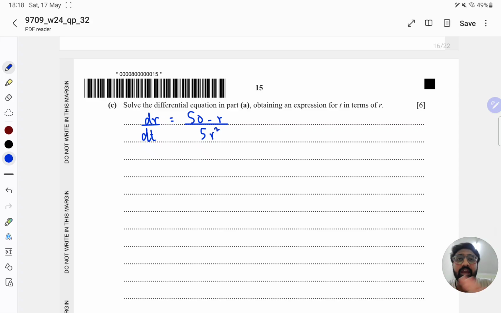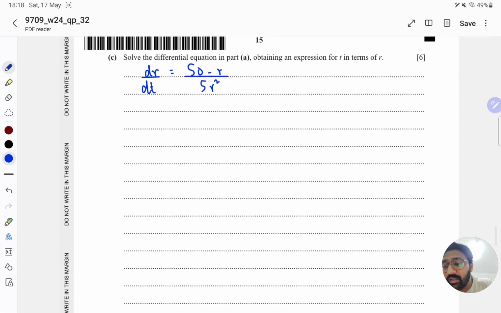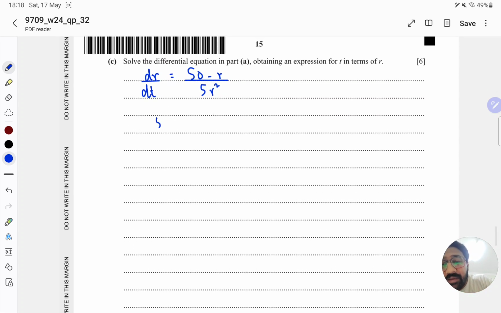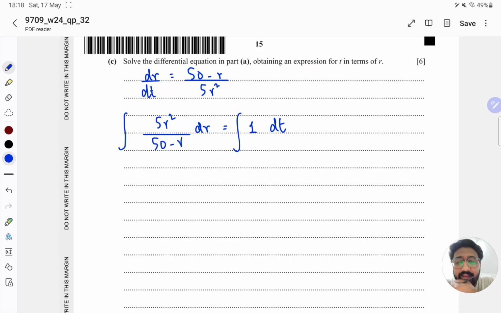In the first step, I have to bring the r terms on one side and t onto the other. So on the left side it will be 5r squared over 50 minus r, dr, and on the right side dt only. Now since I need to make it an equation, I will integrate on both sides.